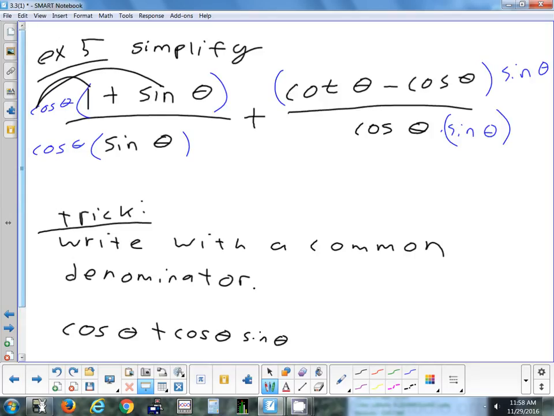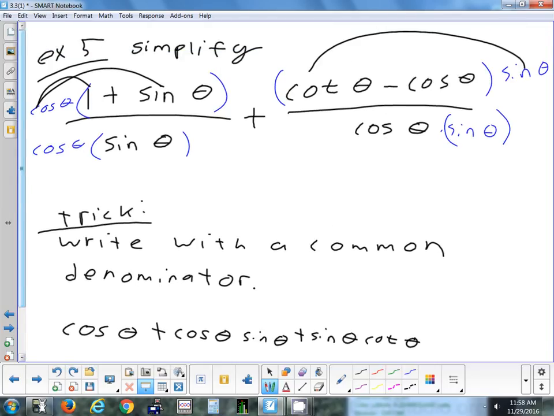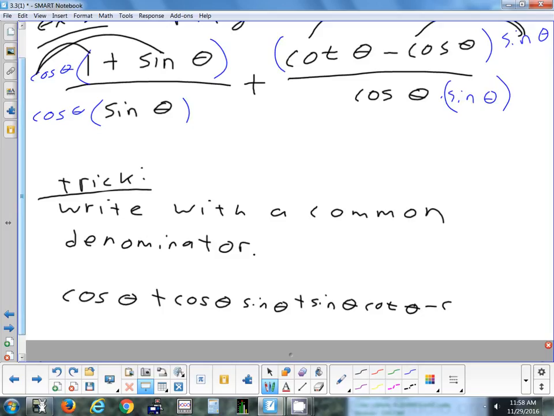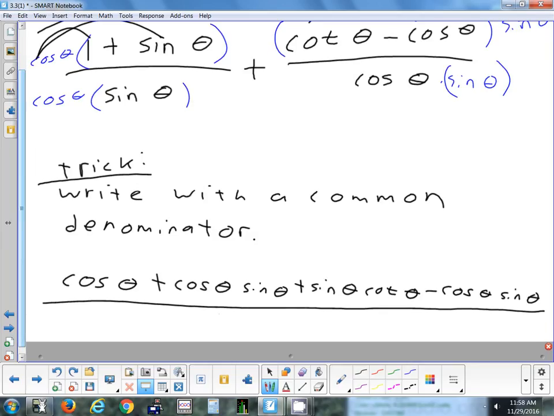Now, do this one out. What's sine times cotangent? Just leave it as sine times cotangent. And now this is the part I want you to notice. What's negative cosine times sine? Negative cosine times sine. And the bottom is just cosine times sine.